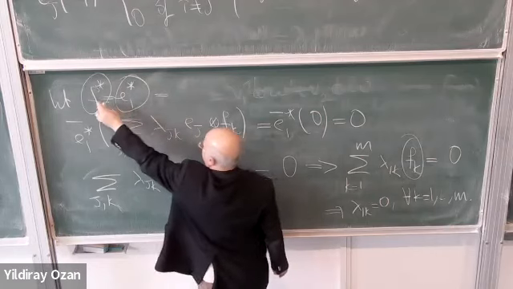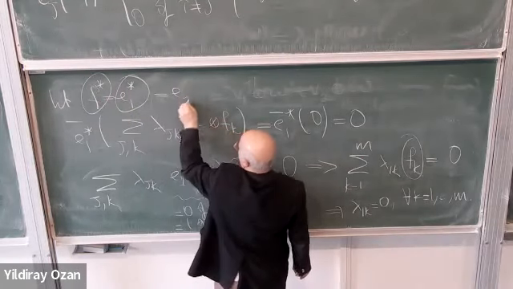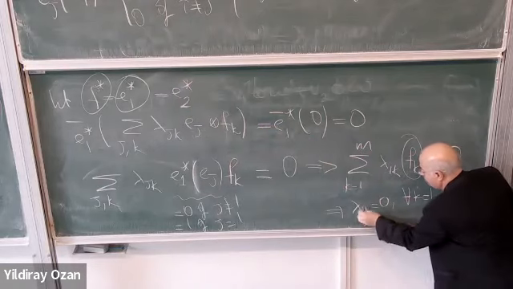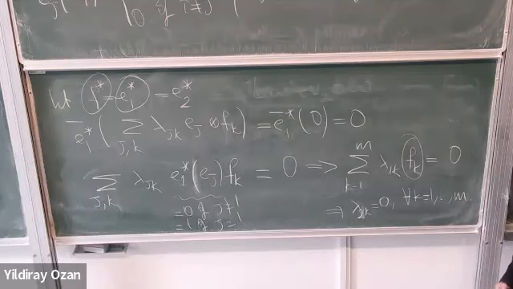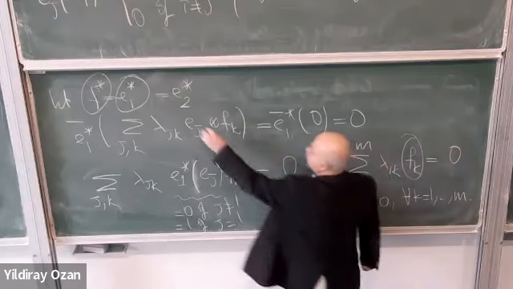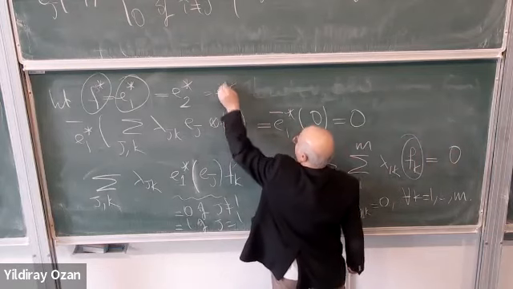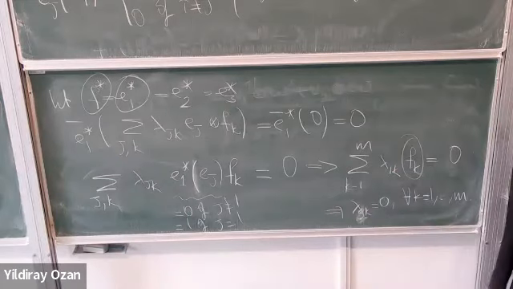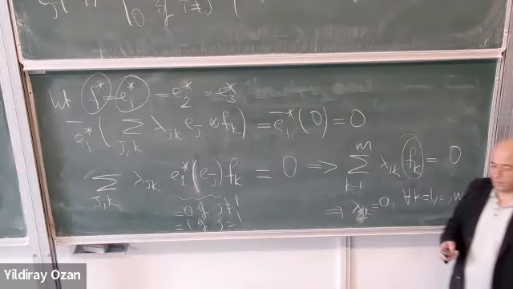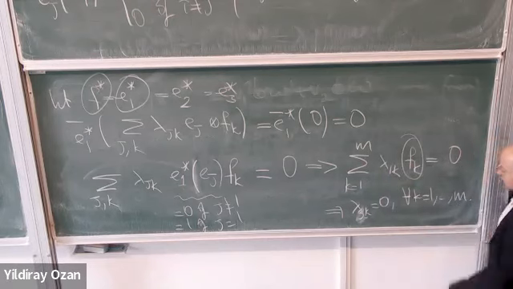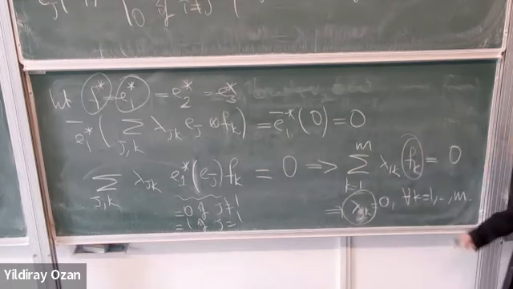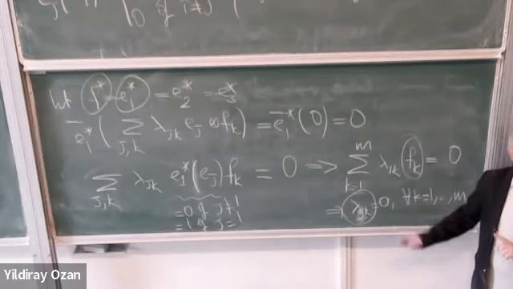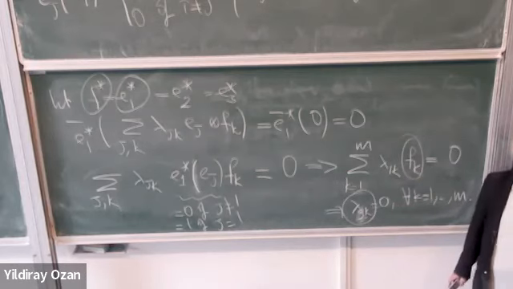If you choose this covector, E2 star, then you will get lambda 2 K's are 0. And then I'll choose F star to be E3 star, and that will give me lambda 3 K's are 0. And so on. Therefore, all these coefficients are 0. So that proves that these are linearly independent.